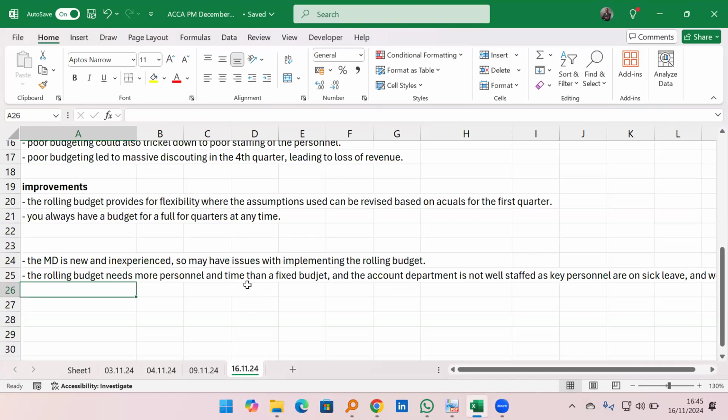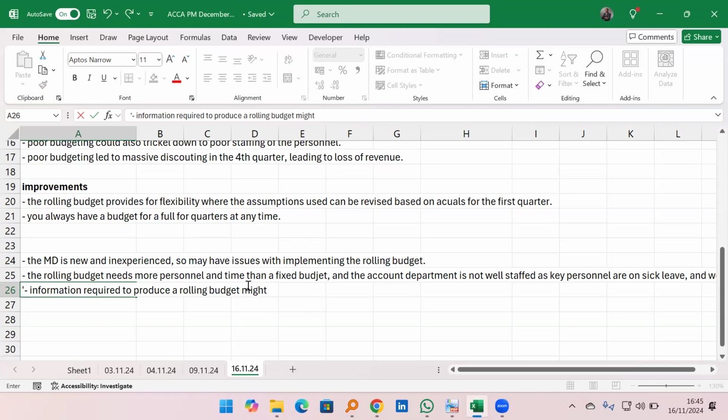Then what? The other issue is that information required to produce a rolling budget might not be easily accessible, as the previous FD and SD have been dismissed.